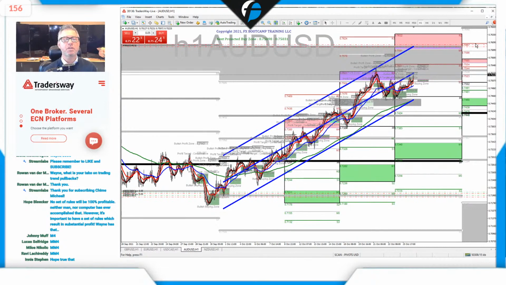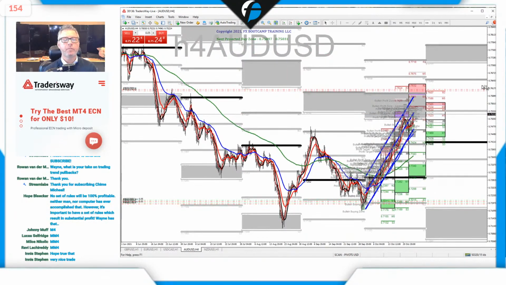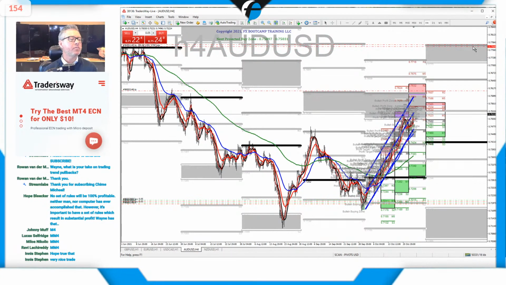So currently my stops are way up here, about 400 pips. But, and that's a big but, we can move them up here, let's say 550, 570 pips away.